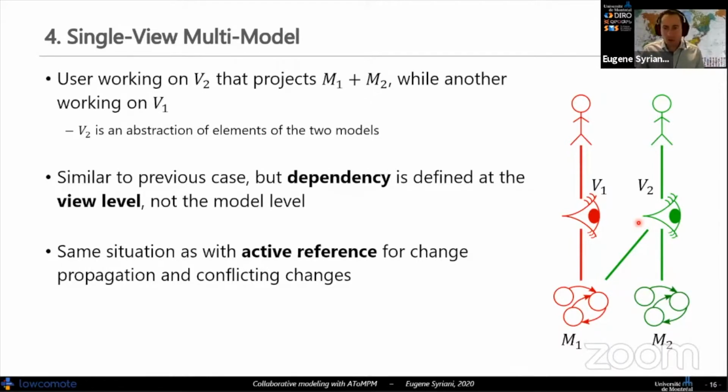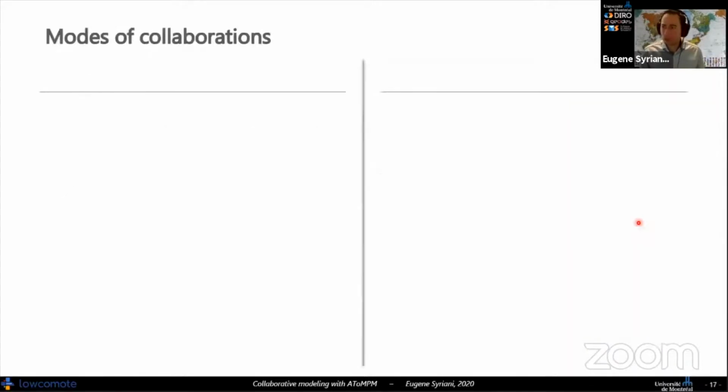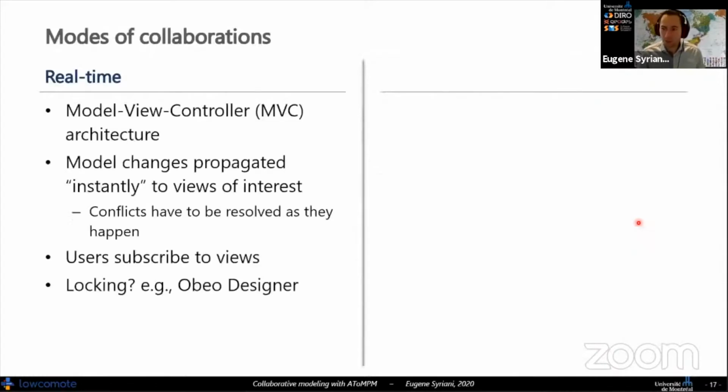And there are other orthogonal dimensions that we may want to look at. For example, the mode of collaboration. For example, if it's real-time or near real-time collaboration, where yes, I have different views, but each one is working on their view at the exact same time.